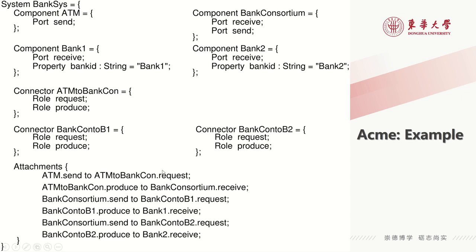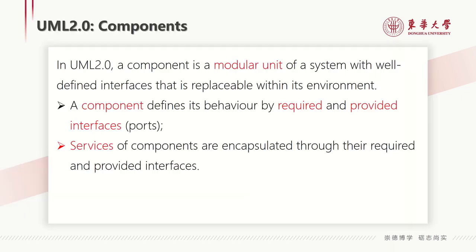See, port, connector, same connector, another port. So this is how we use Acme. Not only do we have the components, we have to define the connectors and the ports very carefully. So this is the example of Acme.